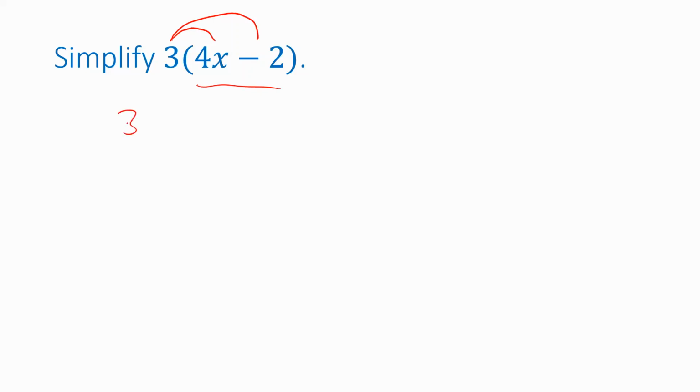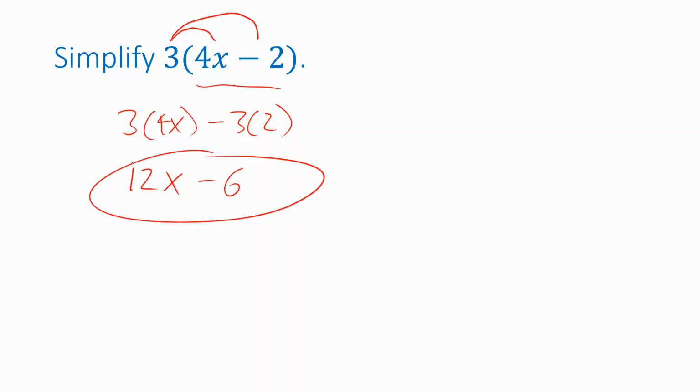So I'll have 3 times 4x minus 3 times 2. Notice how I'm using the same minus sign that I had above. So 3 times 4x is 12x, and 3 times 2 is 6. And so this is the simplified form. That's it. That's all distribution means.